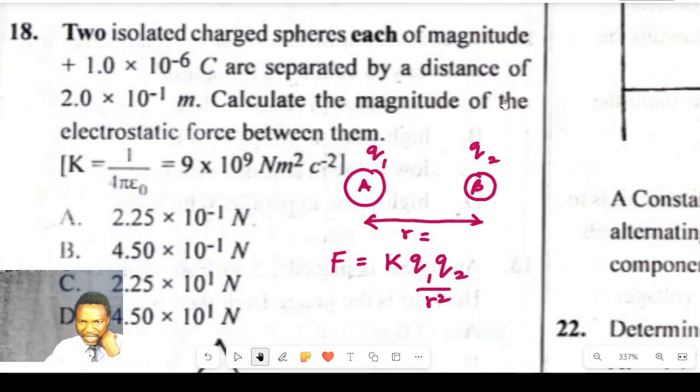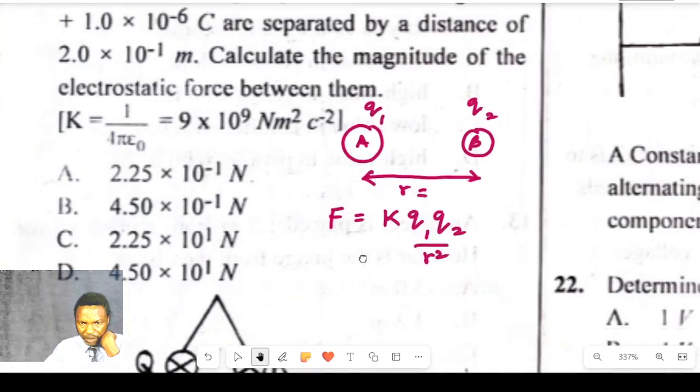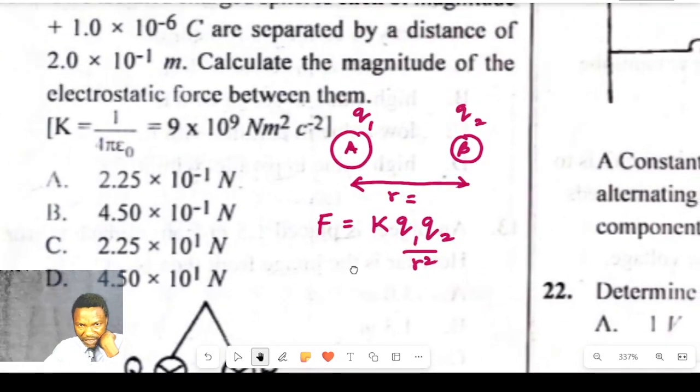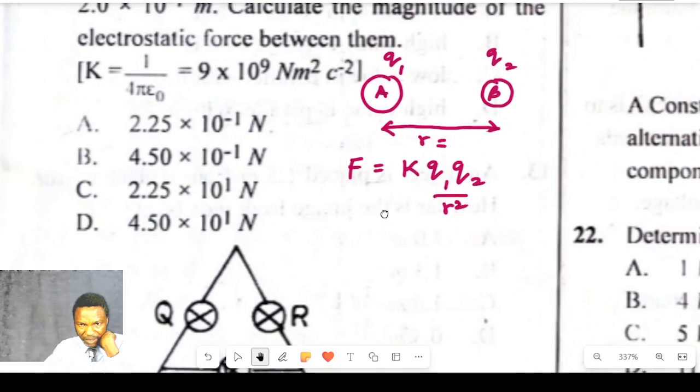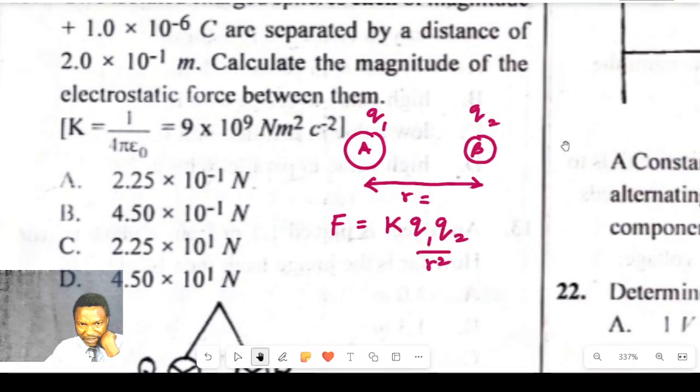If we apply that, what is K? K is 9 times 10 raised to power 9.